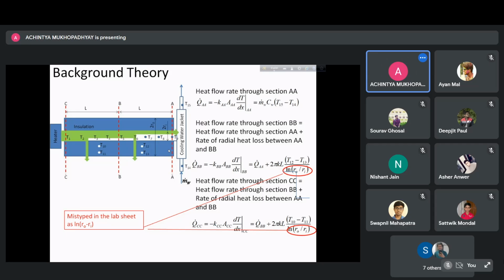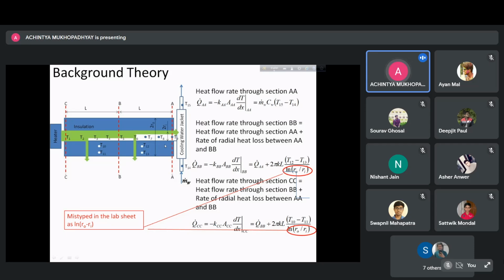If there is a negligible heat flow, then there should be a negligible temperature gradient also. The negligible temperature gradient will ensure that there will be minimal heat flow. That means if there is negligible temperature gradient in the axial direction, then the temperature here and at the same radial location here or here will not be much different.